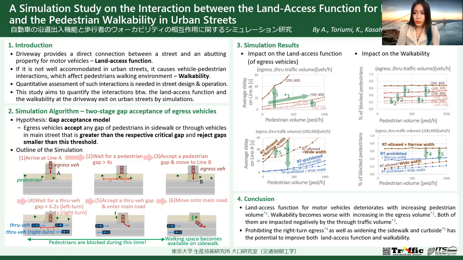And then we could see the following figures that one way is perhaps the right turn prohibition as well as widening the sidewalk.